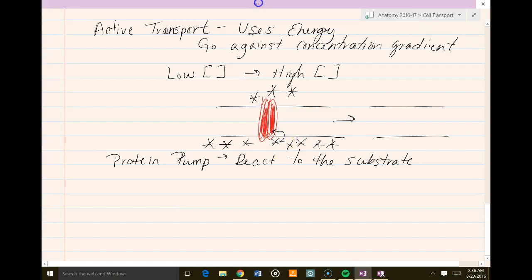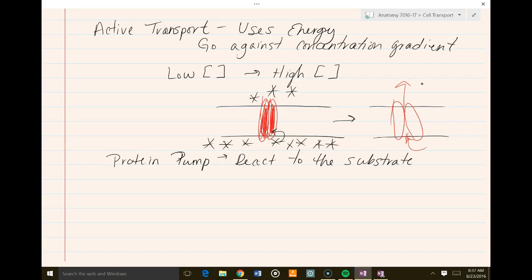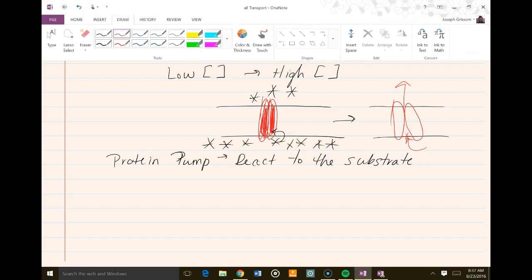So when it's in high enough concentration, that protein channel is going to change shape. Okay, so it's going to actually open up and allow these molecules to start coming into our protein, and then eventually we'll get our protein completely open and it's going to pump it out, against the concentration gradient. Okay. So active transport using the protein pump is one way.